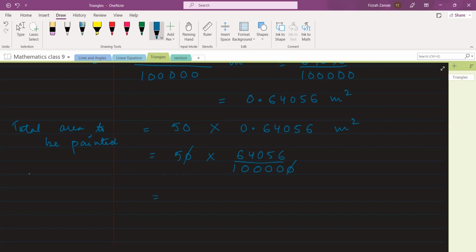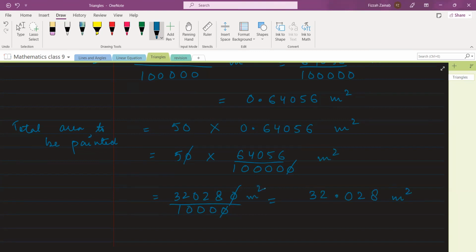So 5 into 6, 30, carry 3. 5 into 5, 25, and this becomes 28, carry 2. 5 into 4, 20, carry 2, 22. 5 into 6, 30, and 2 is 32. And then you have 1, 2, 3, 4 only. Then again the 10 cancels out, now you have 3 decimal places. So this becomes 32.028 meters square.